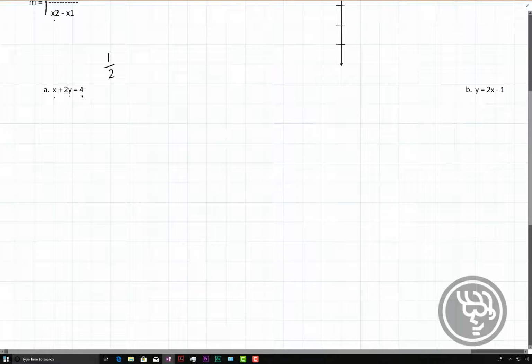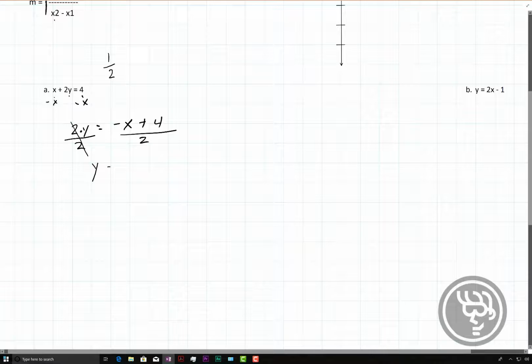So first thing we want to do is minus x here and then minus x here. So your new equation would look like 2y is equal to minus x plus 4. Now to get rid of this 2, we're going to divide all this by 2. So these 2's will cancel.